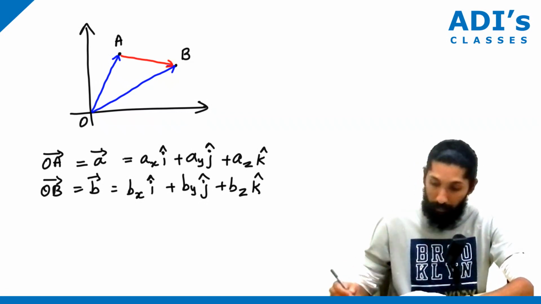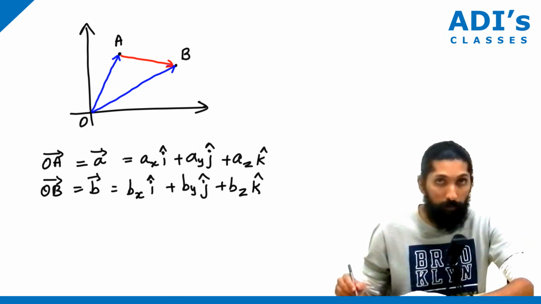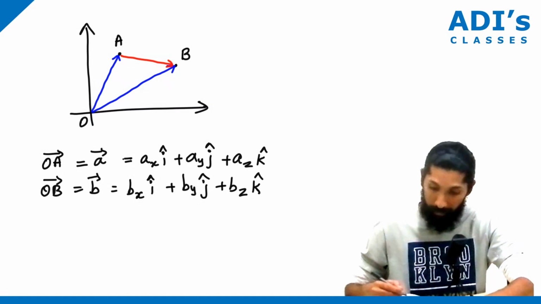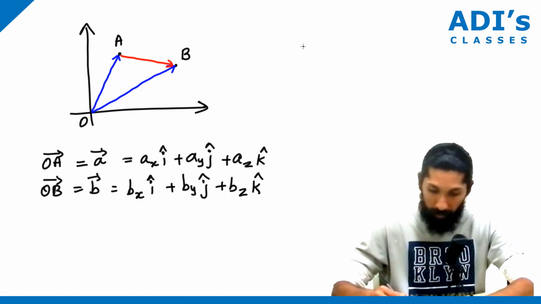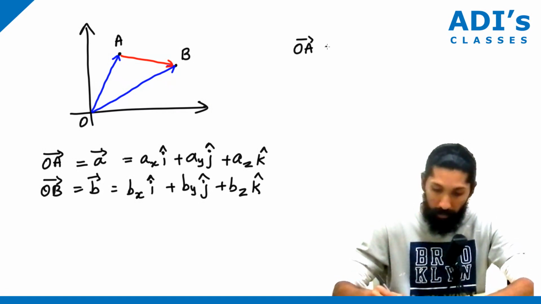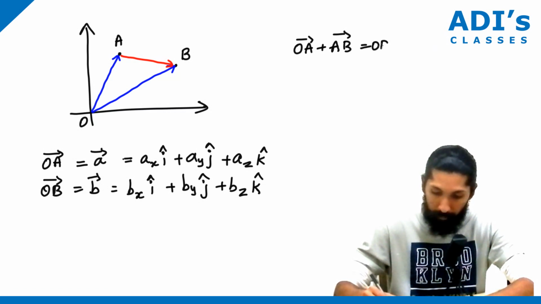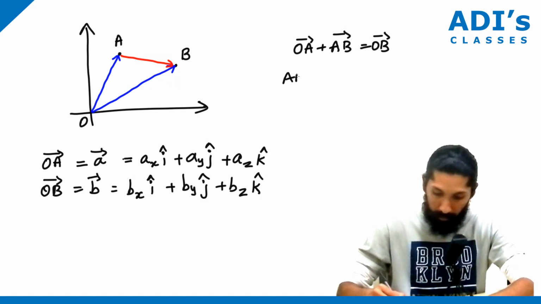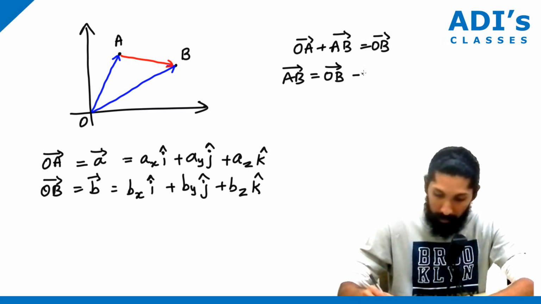We are looking at AB, correct? Now we'll use the triangle law of addition. From the triangle law of addition, we can write vector OA plus AB is equal to OB, correct? So what is the AB vector then? AB vector becomes OB minus OA.